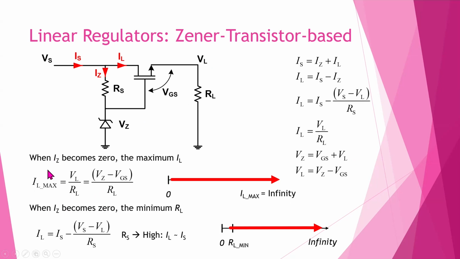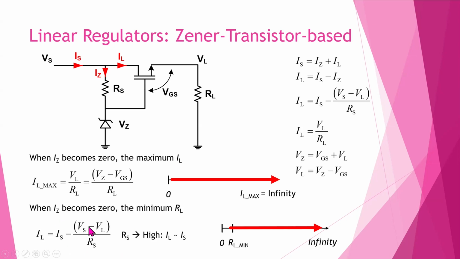Here is the maximum current given by this expression, Vz minus Vgs divided by RL. This difference equals the VL, okay? You already know that. Then we can get the minimum RL. The minimum RL gives the maximum current through it. The minimum RL occurs when the IZ equals 0, which means IS equals IL.